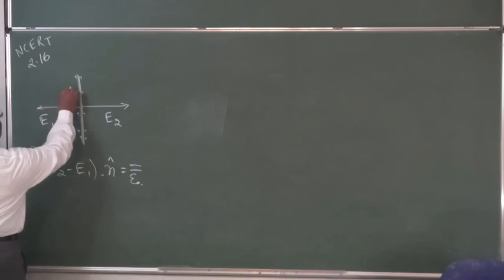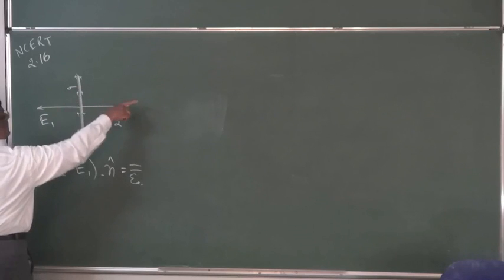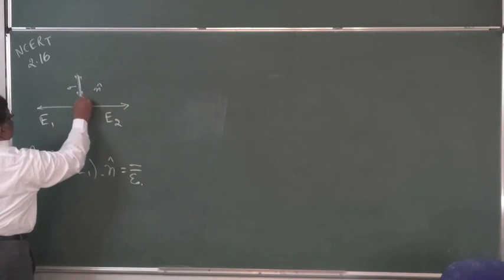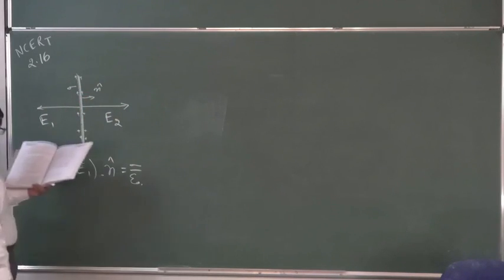We already know sigma is surface charge density, unit vector n is this direction. Correct?